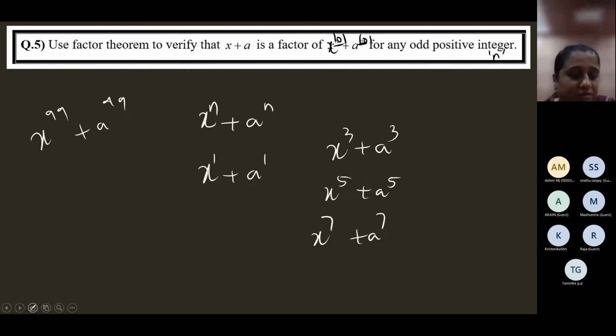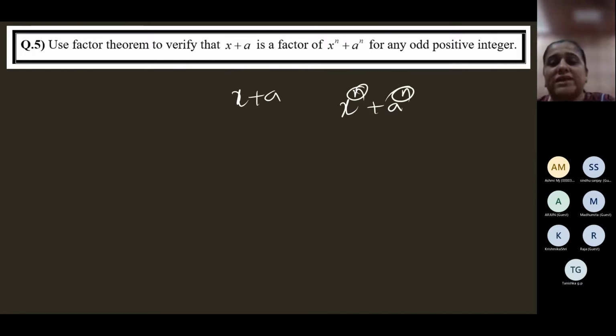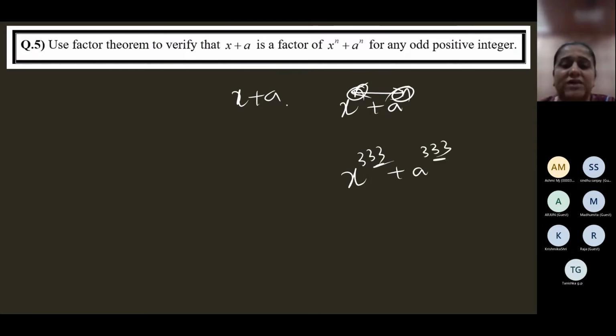So you must prove that x plus a is a factor of x power n plus a power n, where n can be any odd number. Like x to the power 333 plus a to the power 333. 333 is odd, that means x plus a will be a factor of this one.